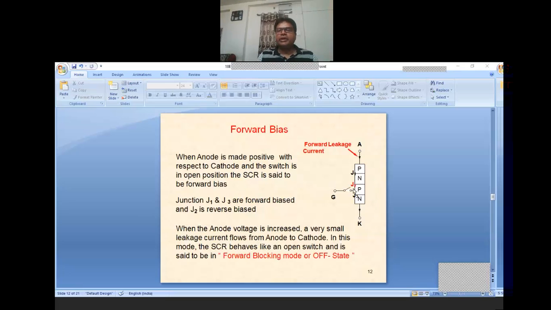But when it comes to the middle layer, that is junction J2, the electrons available in the inner N layer are going towards junction J3, away from the junction J2, and likewise the holes available in the inner P layer are going towards the junction J3, away from the junction J2. So contrary to the junctions J1 and J3, the junction J2 will go on increasing in width, or we can say that J2 will be reverse biased.